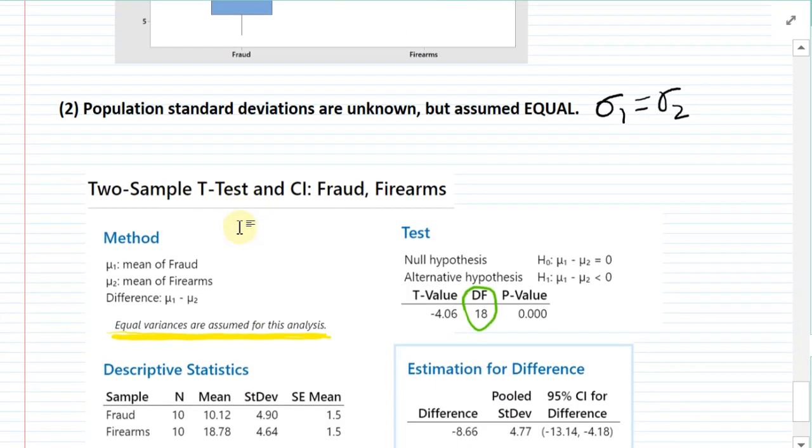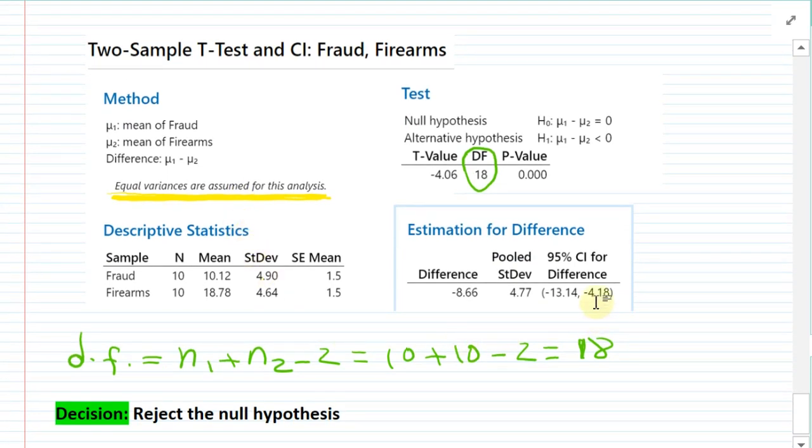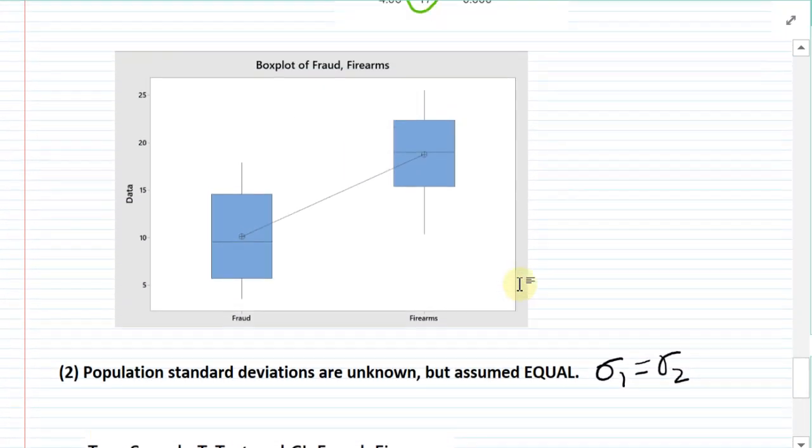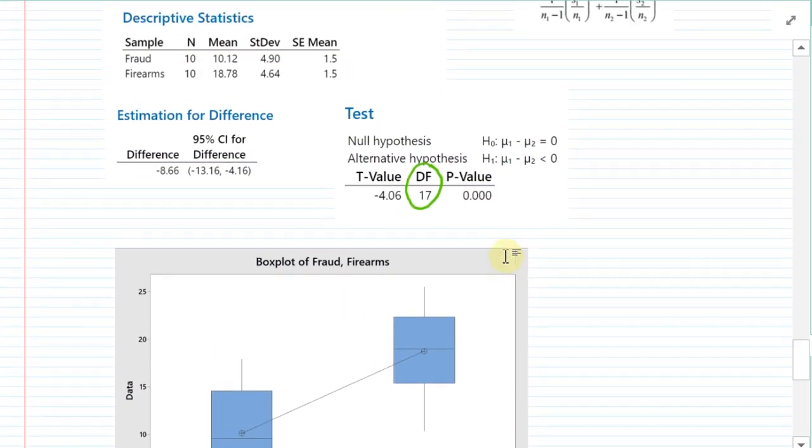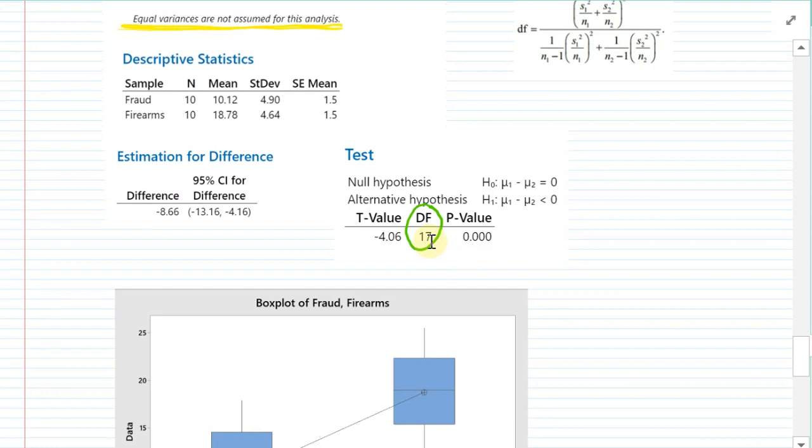Look at that, exactly the same. So that's not going to change either. Again, the only difference is in the degrees of freedom. And of course, the pooled deviation here is 4.77. That's what's used, as opposed to up here, where there is no pooling of deviations. And our test statistic again is -4.06.